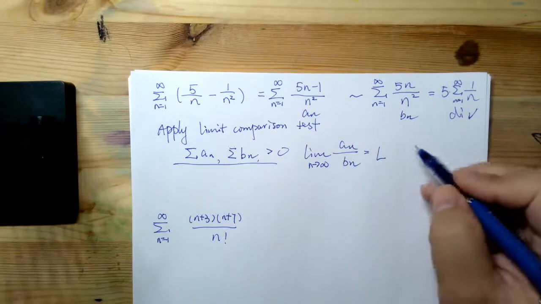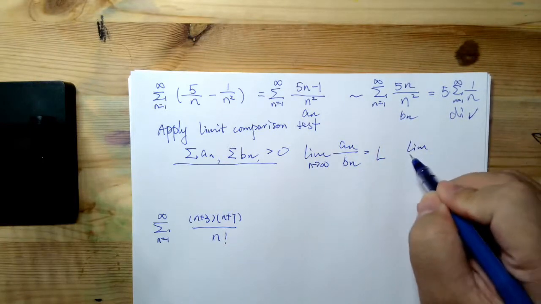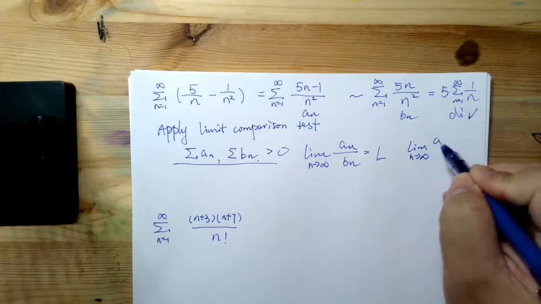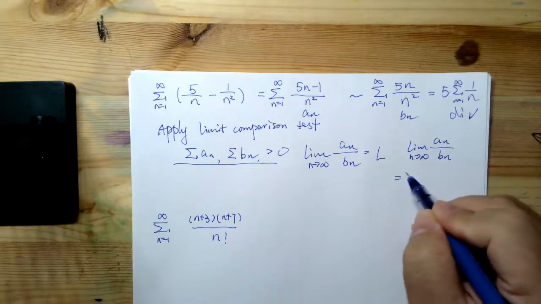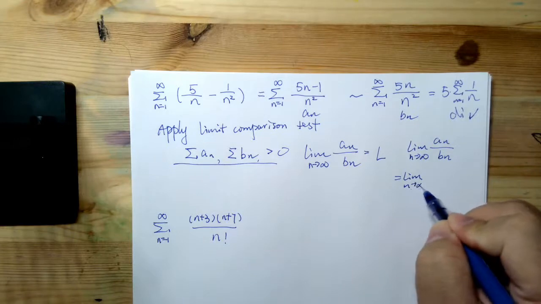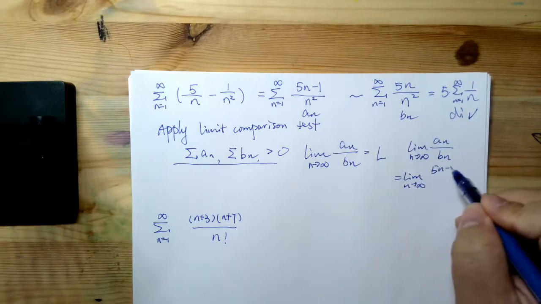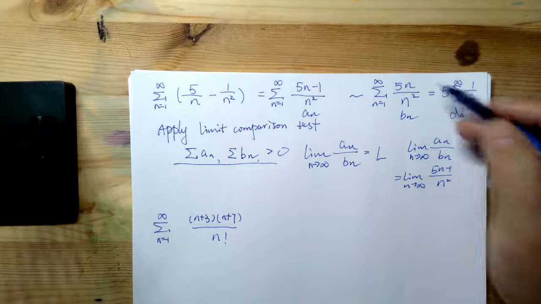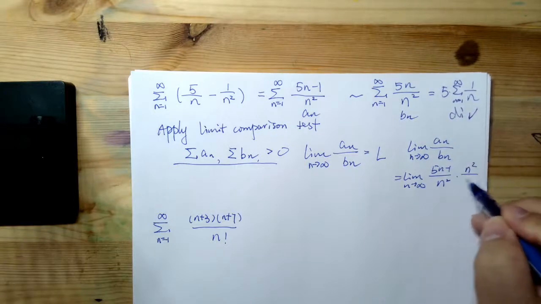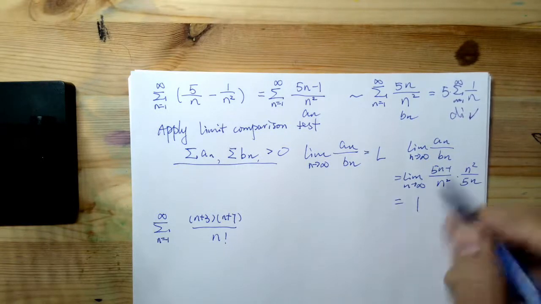Apparently, guys, as you can see, the limit of a_n over b_n in our problem is (5n minus 1) over n squared, over this, which is n squared over 5n. So it turns out this limit equals 1.